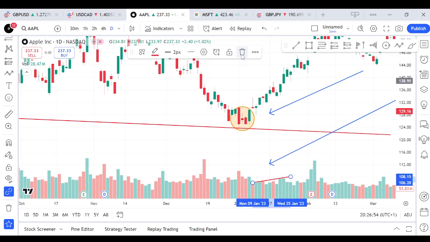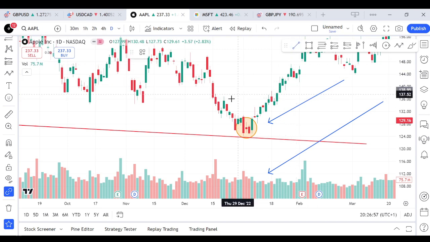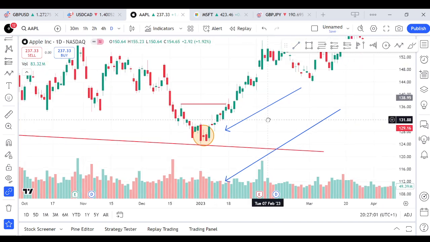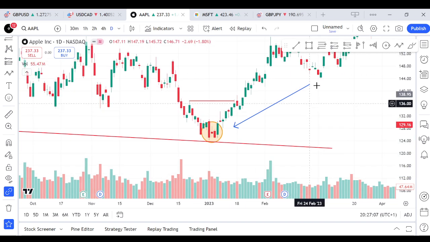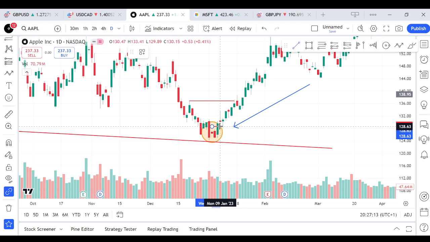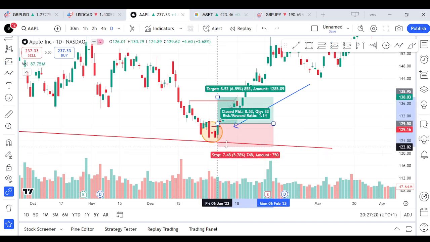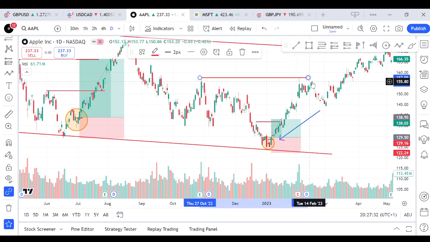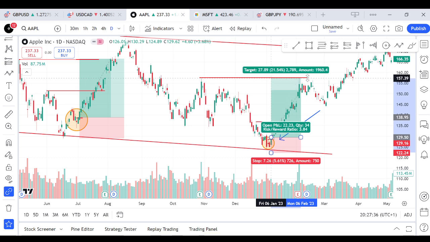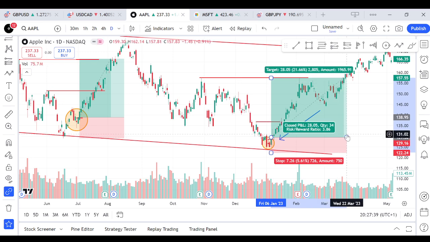So if you are a conservative trader, you may be looking for the break of this resistance before your entry, or if you are an aggressive trader, you just enter at the break of the high of this bullish spinning top candlestick pattern and close above the high, and just place your buy entry here and your stop loss below the low of the bullish spinning top candle, and in this case we'll be using below the trend line, and take profits should be at significant resistance levels like this, or you could use a 1:1 or a 1:2 depending on your preference.